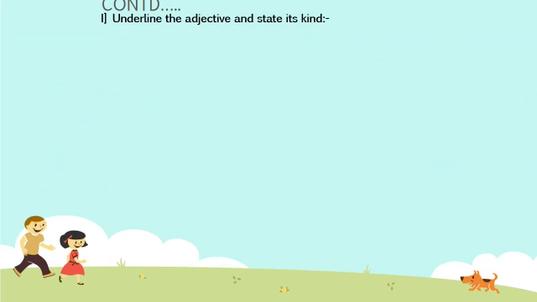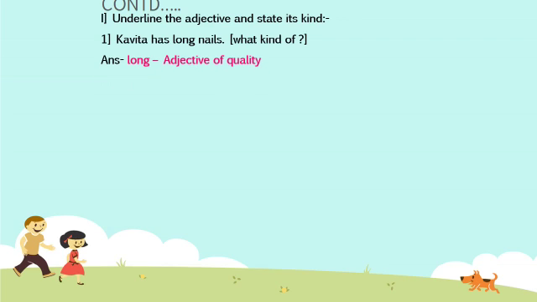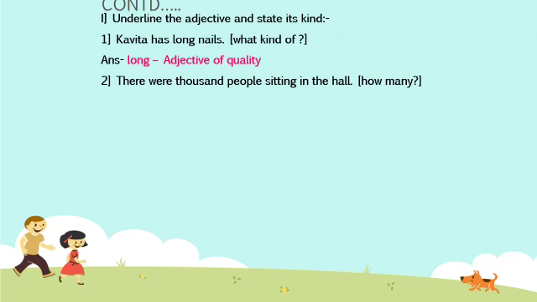Now here, underline the adjectives and state its kind. Kavita has long nails. Now you can ask the question here is, what kind of nails does Kavita have? Long nails. So long will become the adjective of quality. So because it answers the question, what kind of? Second one, there were thousands of people sitting in the hall.